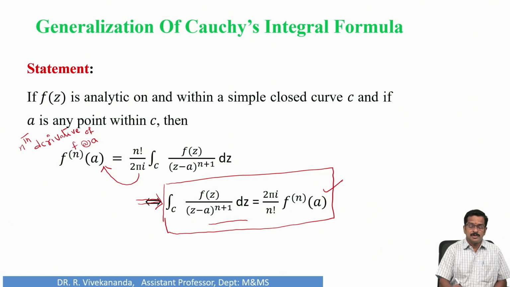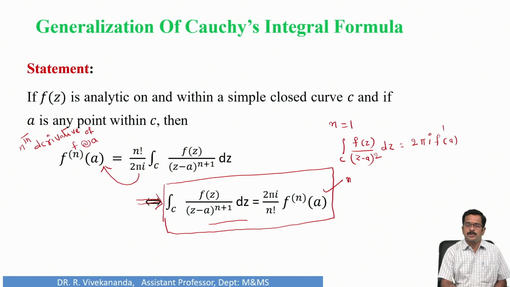If n equals 1, if there is one singular point, then integration over C of f of z by z minus a whole power n plus 1, meaning 2, dz equals 2 pi i by 1 factorial, nothing but 1, into f dash of a.